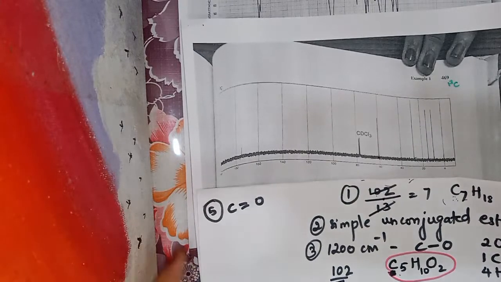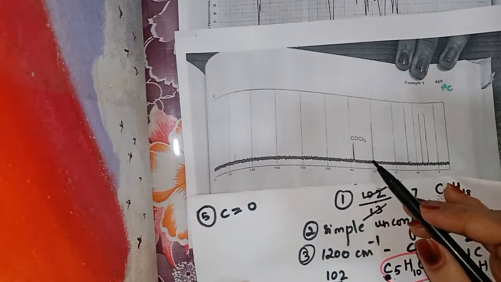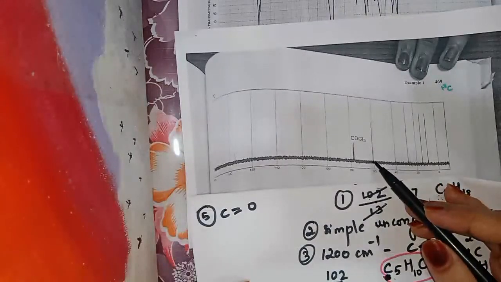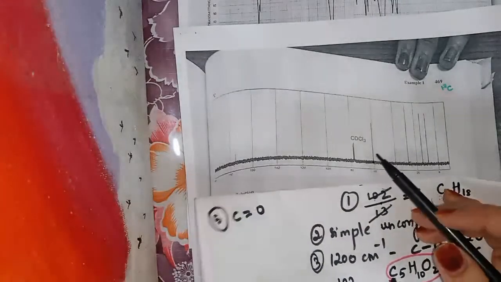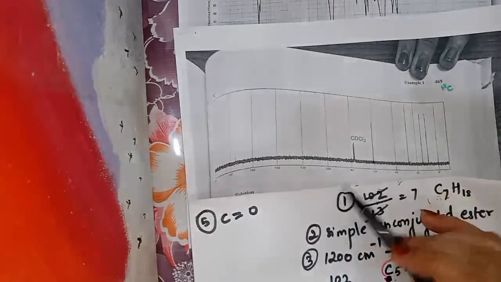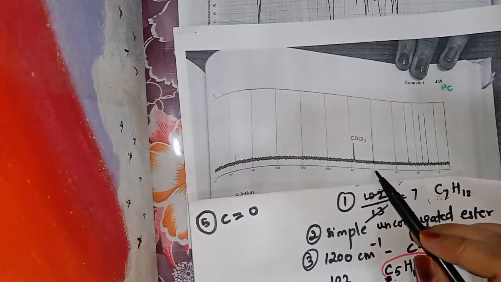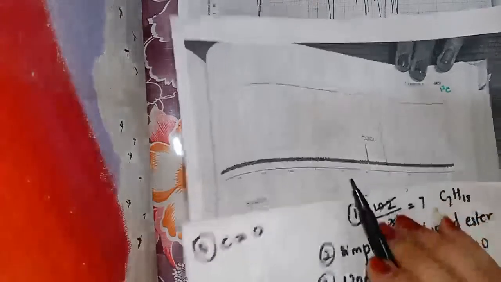And at 60 ppm, that is this peak, it is de-shielded. This is 80, this is 40, this is 60. I believe you all can see it clearly.